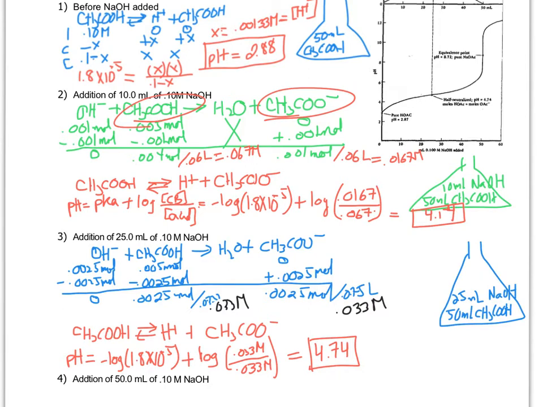This is half the neutralization point. Let's say half neutralized. The pH is equal to the pKa. This is when your moles of acid are equal to the moles of its conjugate base.